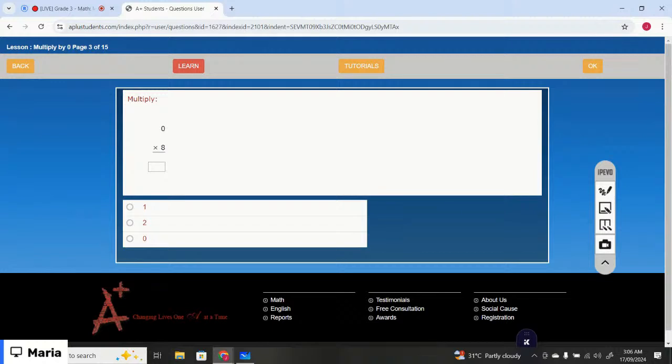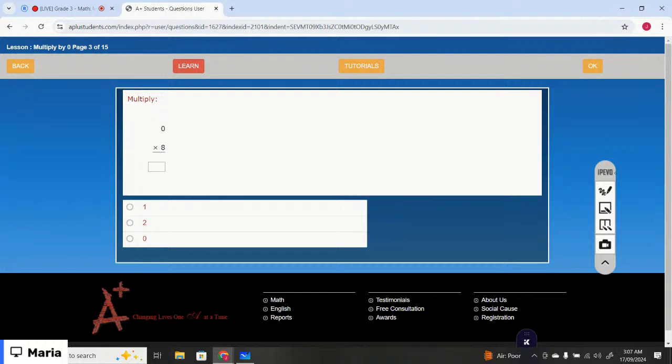Can you please fix? The next one is multiply 0 times 8. So which is the correct option? The correct option is 0 times 8 is 0.